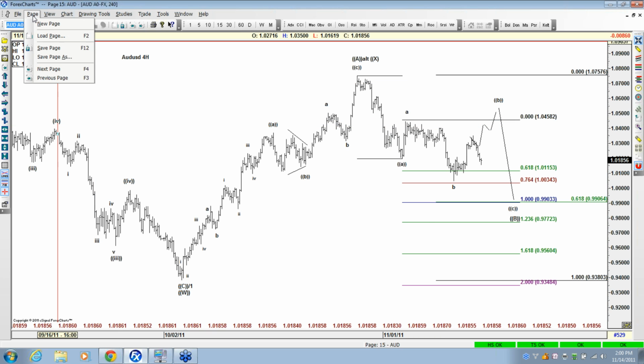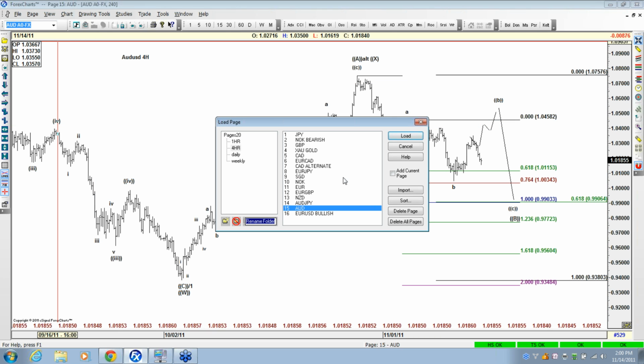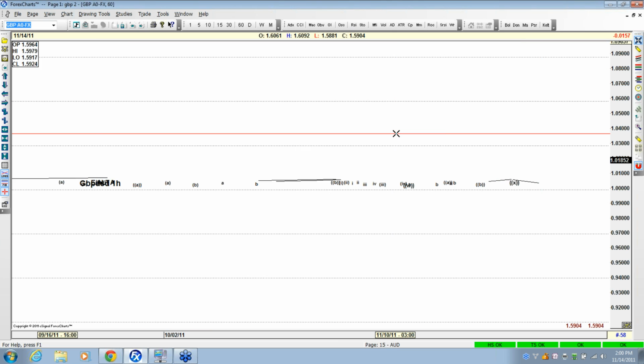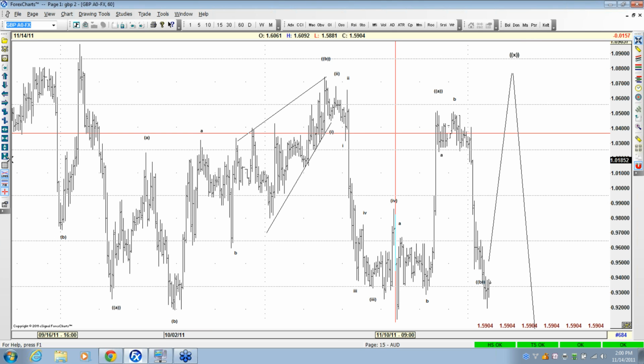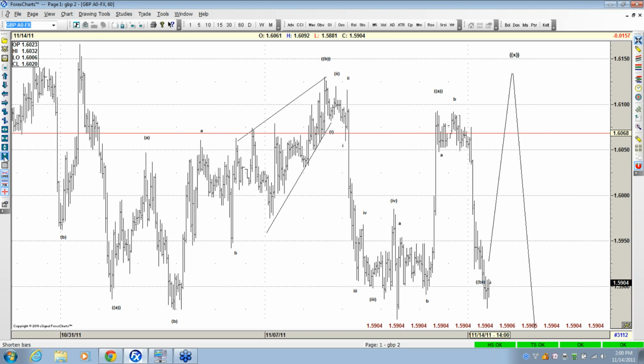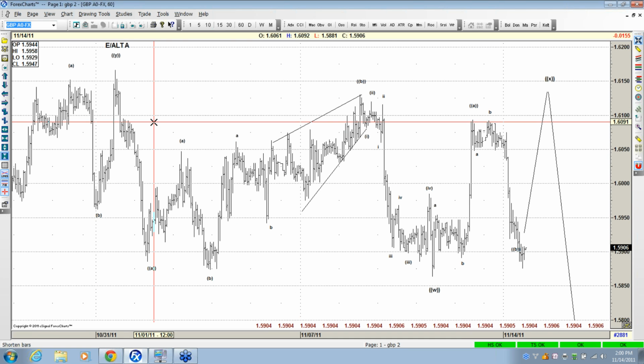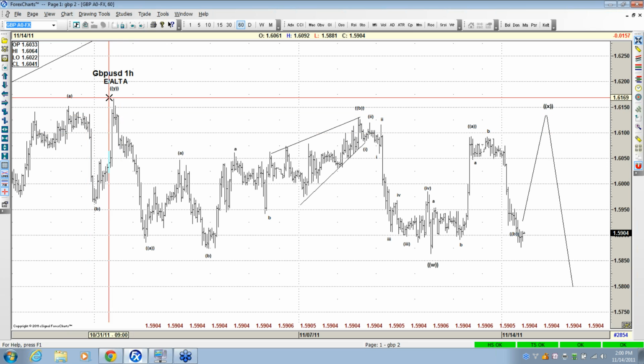Cable. One second. Cable is in the same boat with everyone, guys. I see the dollar trend running through some part of this week. Look at cable. Same scenario.